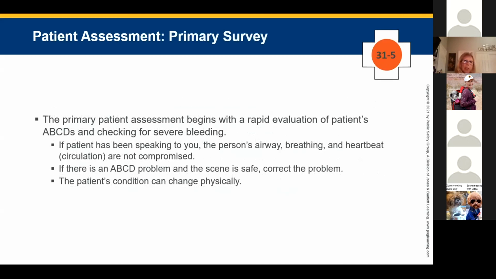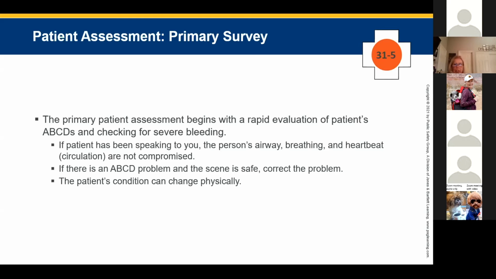The primary patient assessment begins with a rapid evaluation of the patient's what? Someone tell me, when you're looking at a patient, what are we doing? We're evaluating the ABCDs. Right. And what else? Bleeding. Responsiveness. Right.